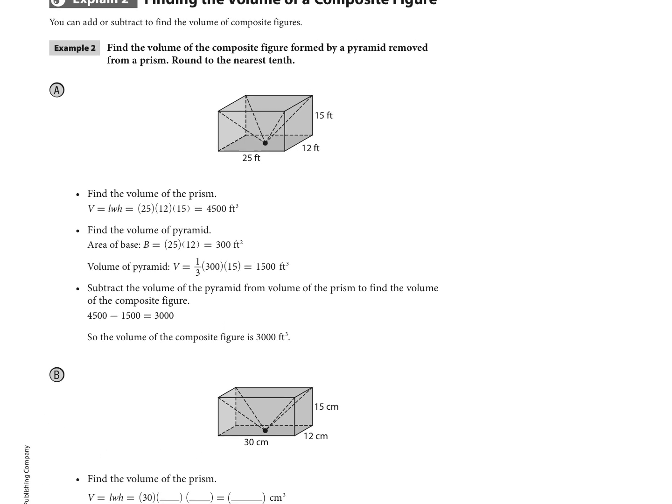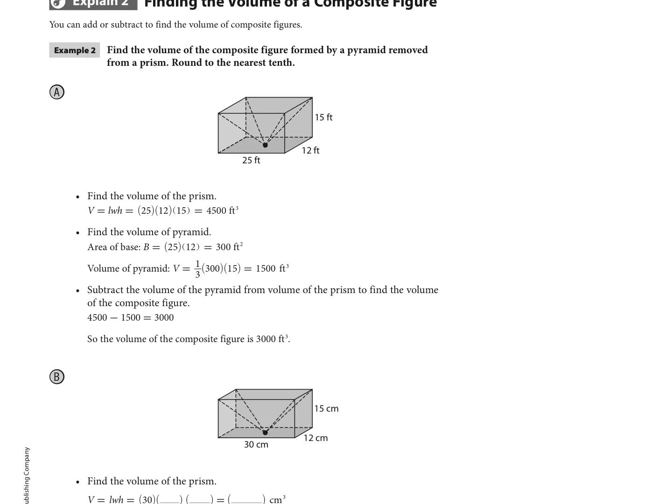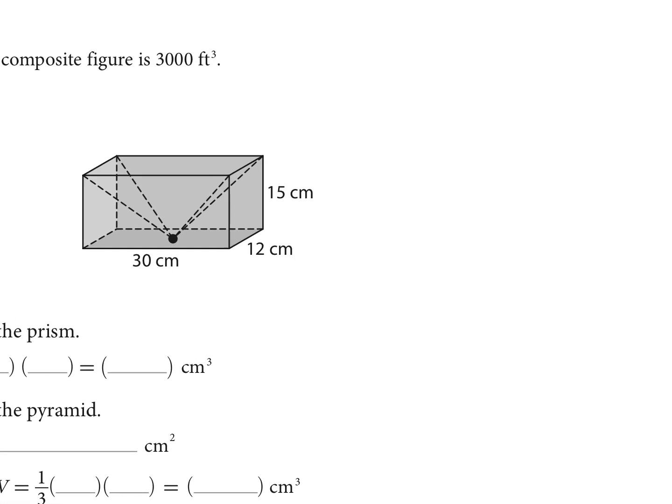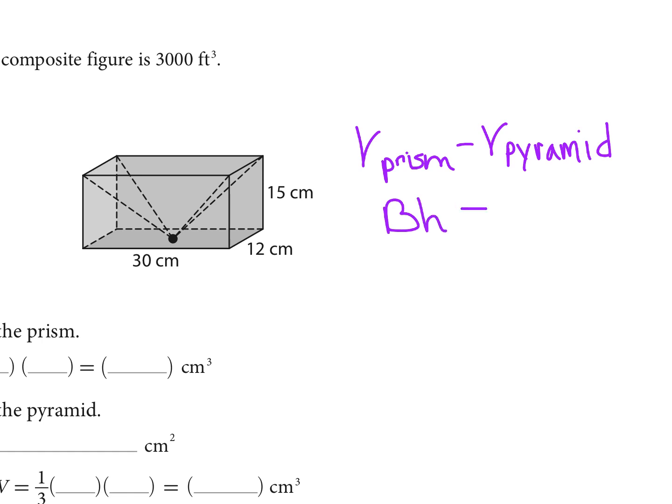Now, if it's inside the figure, you subtract. This is page 941. We'll do this one. So I have the volume of the prism minus the volume of the pyramid. So volume is area of the base times height, and this one's got a point, so 1/3 area of the base times height.